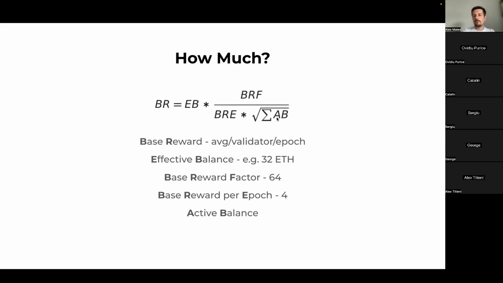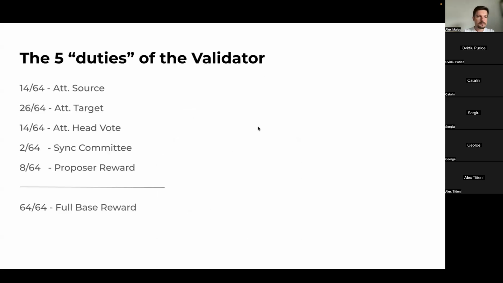So the more Ether is staked on the network, the less the base reward is. This is the reason why we saw in that chart that the APR is decreasing as more nodes pile into the network, but it's not decreasing linearly because they put a square root in there.